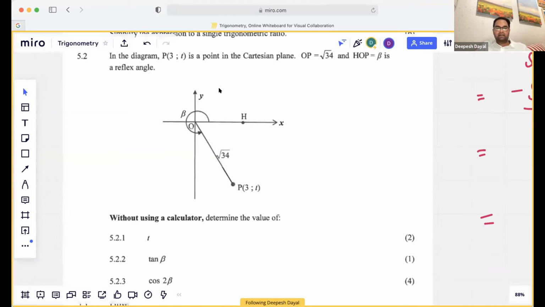Let's find T. If you can find T, please let me know. You can just type in the chat or shout your answer out.